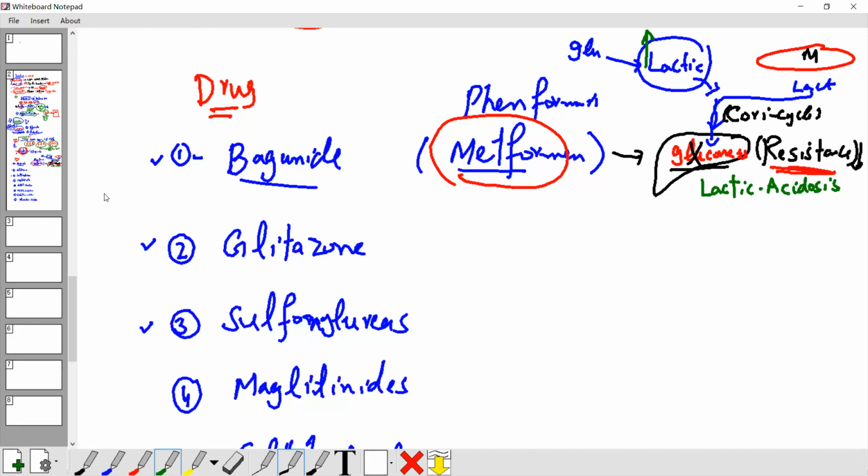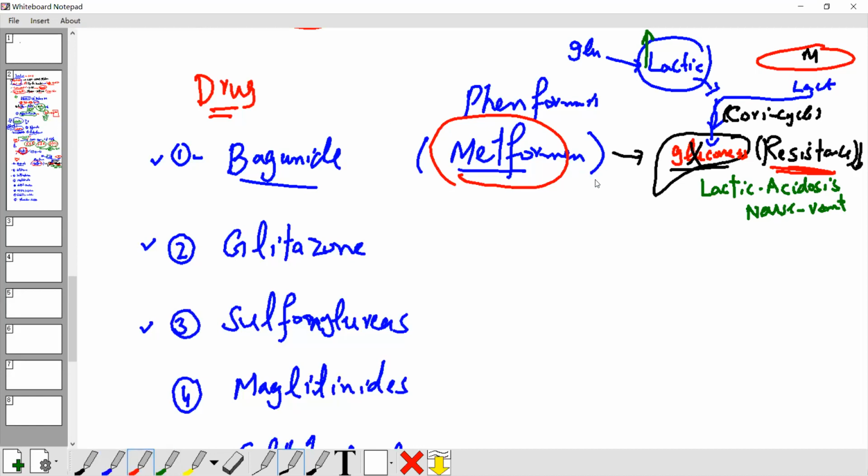So this drug also causes lactic acidosis. So in renal failure and in liver disease, we still need to avoid metformin. In liver disease, lactic acid can precipitate lactic acidosis and aggravate this acidotic condition. Another side effect: nausea, vomiting.